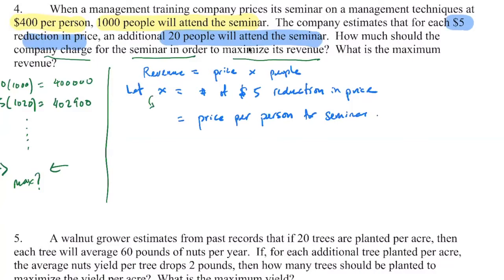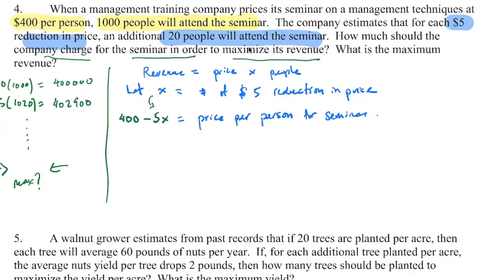It starts with $400, and we want to use the new price after reducing by $5 some number of times. We don't know how many, but we want to write a general expression. So the expression for the price per person is not $400, but $400 minus 5x, because we don't know how many times we need to reduce by 5.